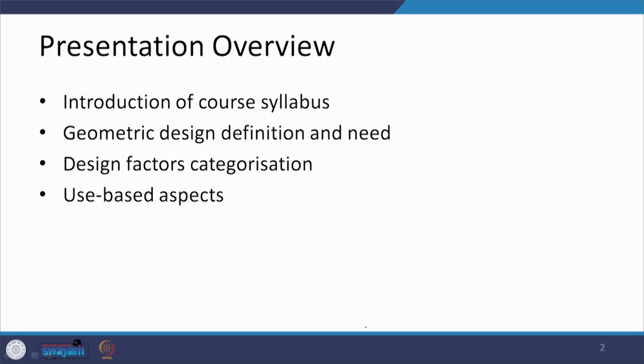Apart from that, when we start with the module, we will be looking at the design factors and their categorization, and within those, we will be talking about the use based aspects, and that is going to be the first factor we discuss in this particular interaction.